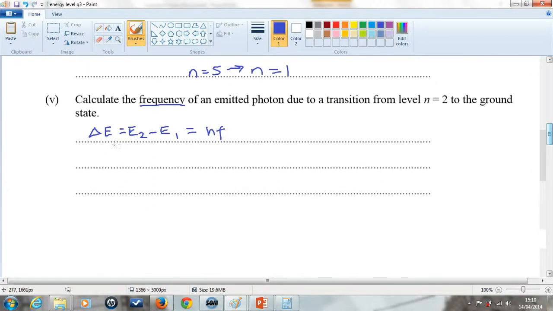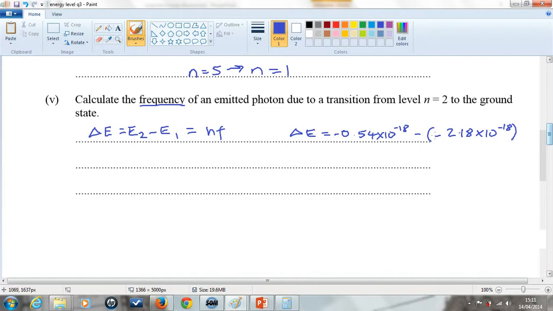So my change in energy is minus 0.54 times 10 to the minus 18 minus 2.18 times 10 to the minus 18. And when I plug those numbers in, I will get my energy.